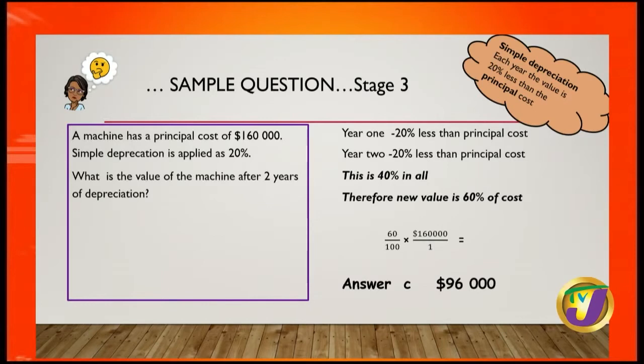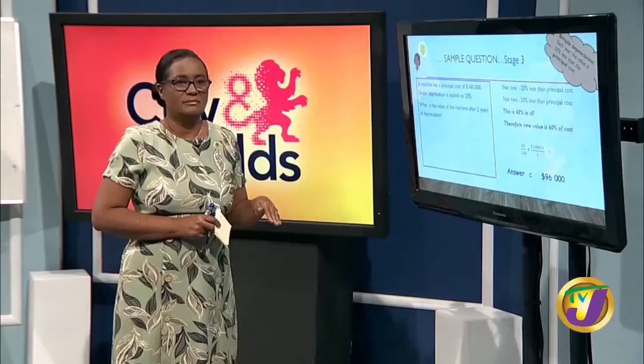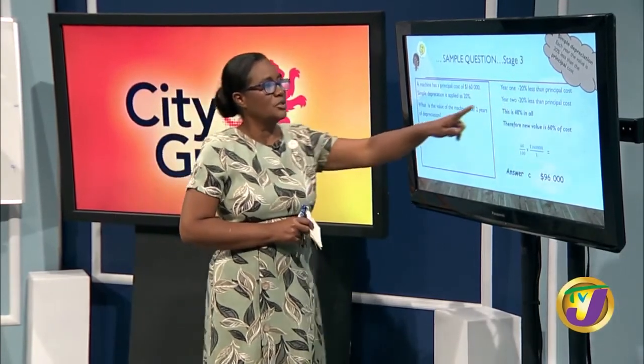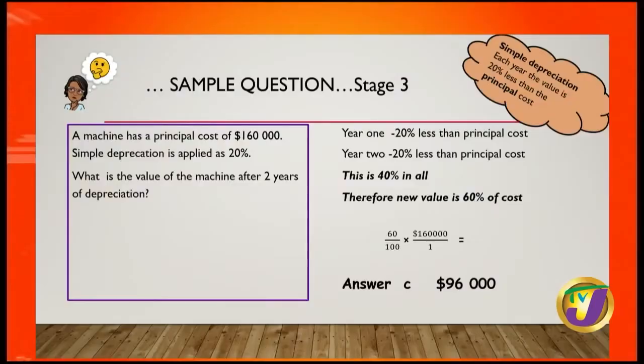Let's go again. It is simple, not compound. Simple, so in year 1, 20% less of the principal. Year 2, also another 20%. So that's 40% less in all, which means I'm left with 60% of the cost. 60% of the cost gives me $96,000.